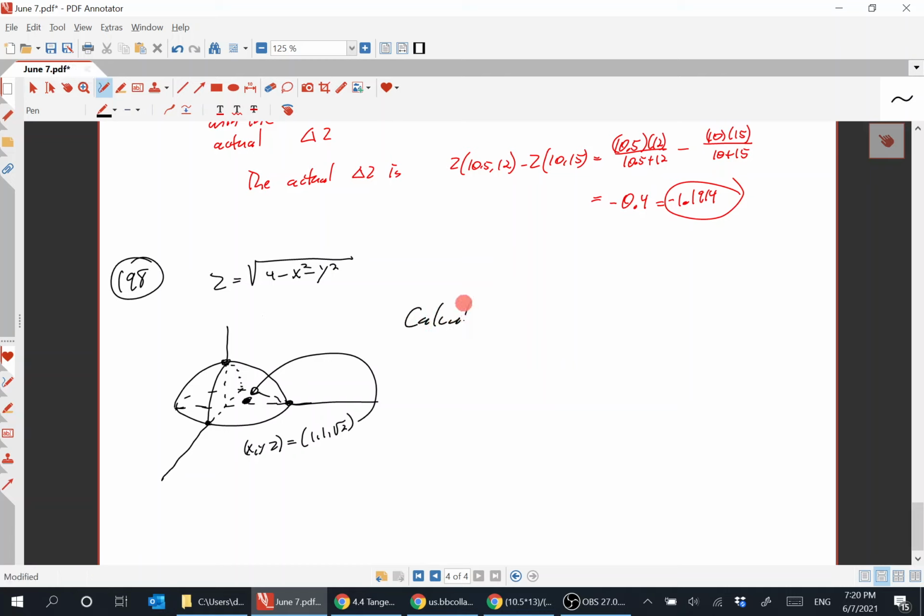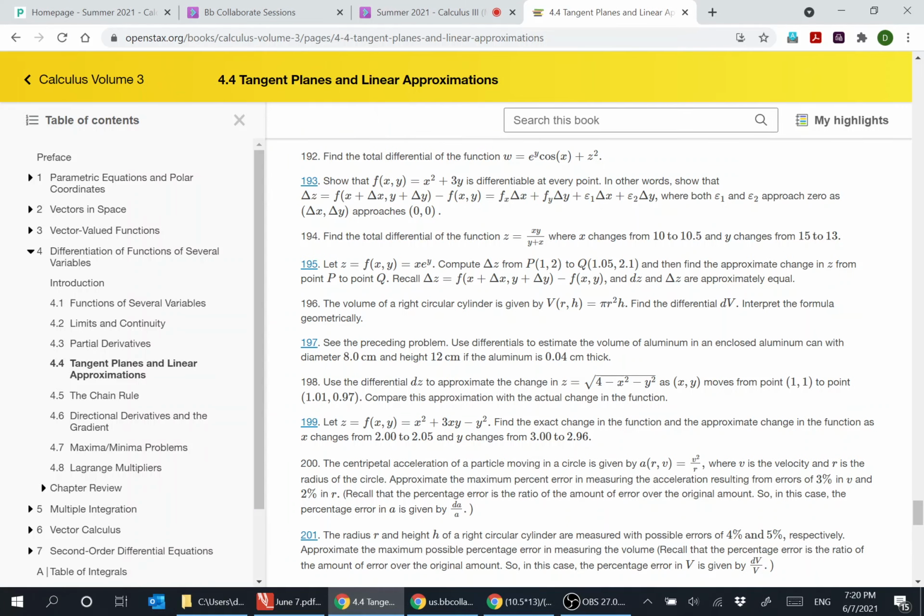So calculate dz at 1, 1 with delta x equal to, so we're going from 1 to 1.01. So delta x is 0.01.